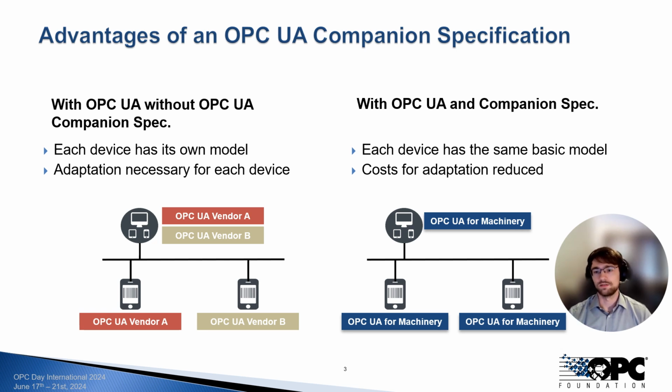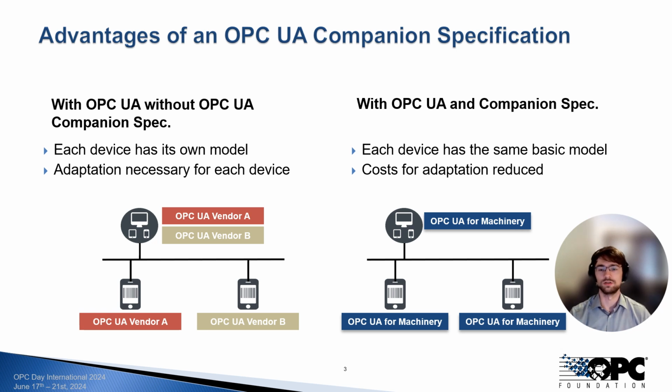But on the other side, if I have companion specifications and the semantics are standardized, I have the advantage that each device uses the same basic model, meaning the cost for adaptation gets reduced because I only have to program my software solution against this specific companion specification.